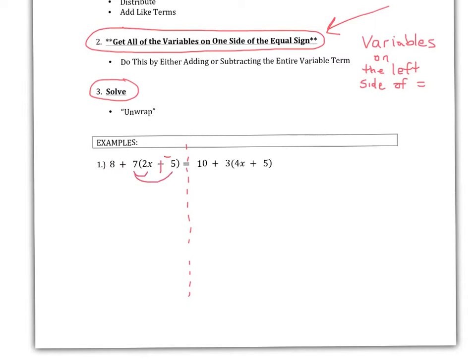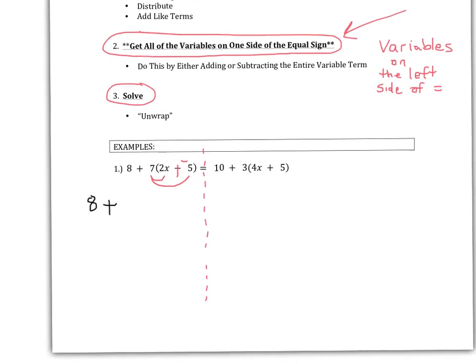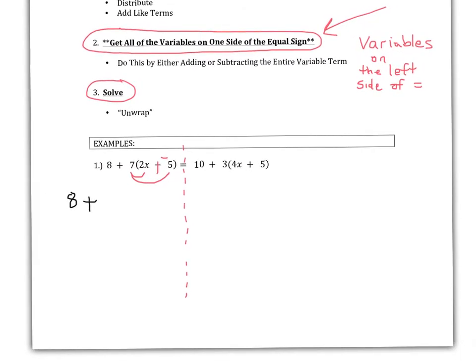Alright, let's do that. So on the left, we'll have an 8 plus 7 times 2x is 14x plus 7 times negative 5 is negative 35.